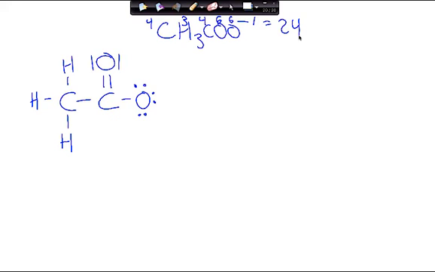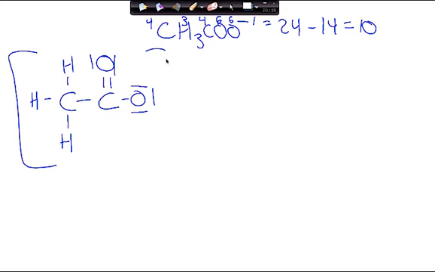So we've got 24 electrons. Here we've got 2, 4, 6, 8, 10, 12, 14. So that leaves us with 10 to put on. So we've got 2, 4, 6, 8, 10. So that is the Lewis dot structure. We can put it in brackets and put the -1 charge, like so.